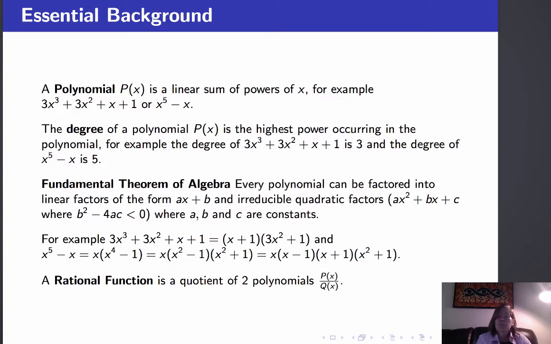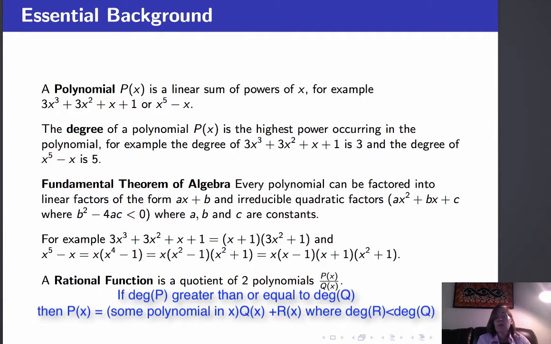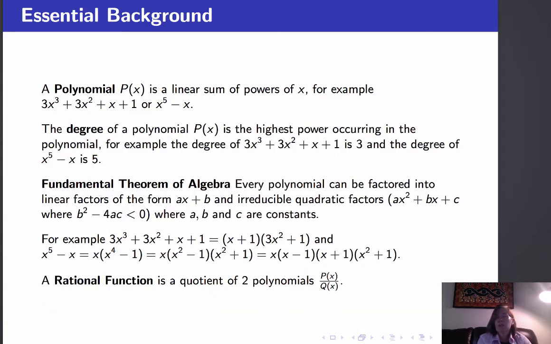A rational function is the quotient of two polynomials, p of x over q of x. Now, if the degree of p is larger than the degree of q, I can write p of x as some polynomial multiple of q of x plus a remainder, where the degree of the remainder is less than the degree of q of x. I can do this with long division.